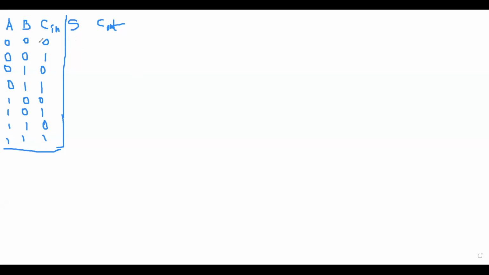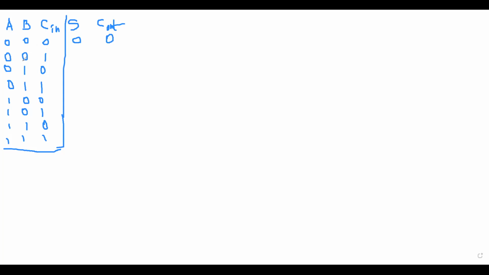In this procedure, I add A with B and the result is added with C in. In any addition, if you have any carry, place 1 in carry out. So here 0 plus 0 is equal to 0, and the result 0 plus 0 is equal to 0. So I didn't get any sum or carry here.